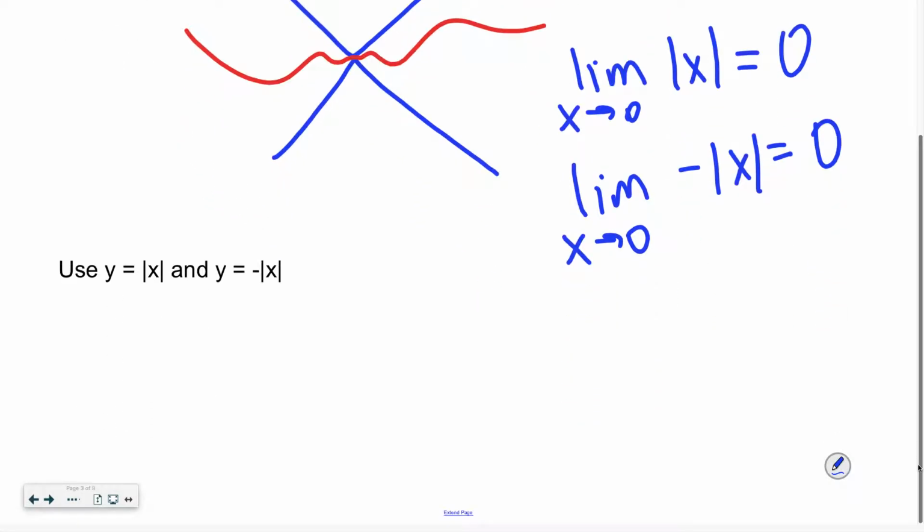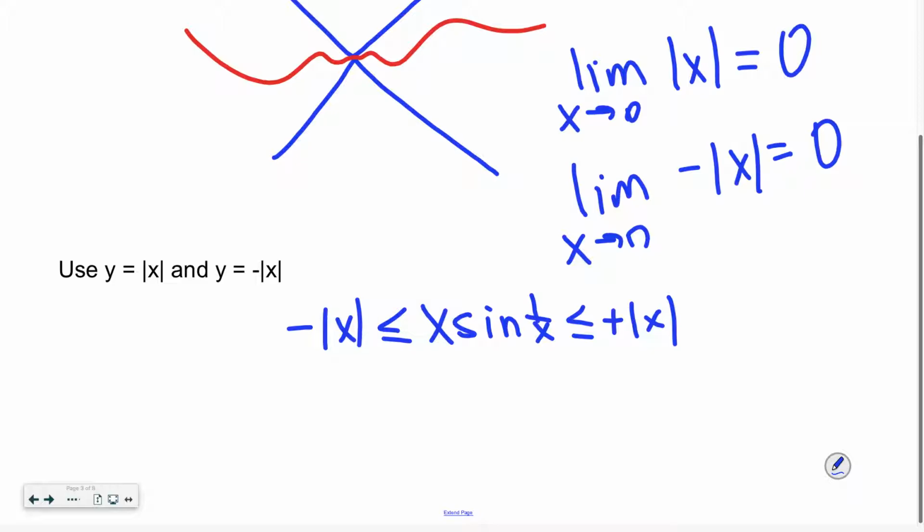So since x sine of 1 over x is squished in between positive absolute value of x and negative absolute value of x, and these two have the same limit, then we can conclude that the limit as x approaches 0 of x sine of 1 over x is also 0. Woohoo!